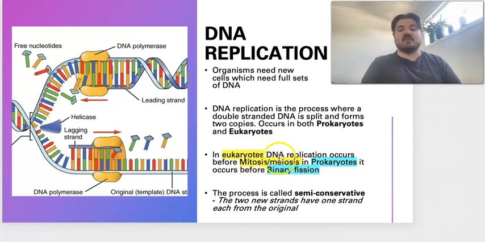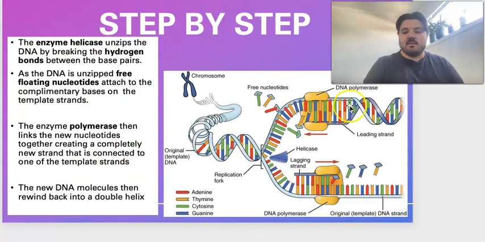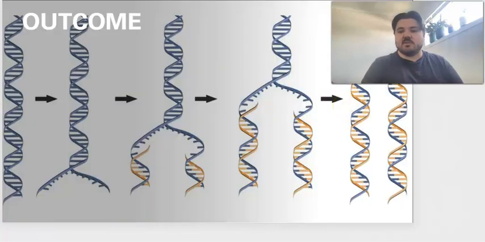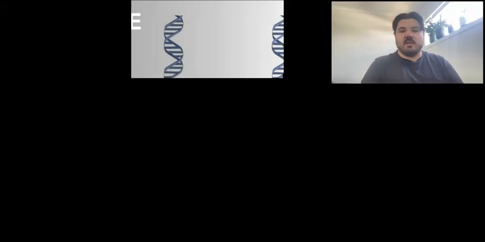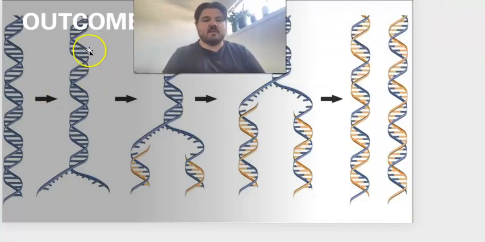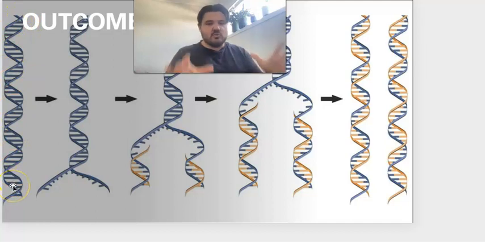A eukaryote divides its cell and makes two new ones using mitosis. Prokaryotes use binary fission. Now, one of the key things you need to understand about DNA replication is the process is described as being semi-conservative, because if I look here, this is a good image for it. This is the starting point, this blue strand of DNA. This is the original copy as it is.